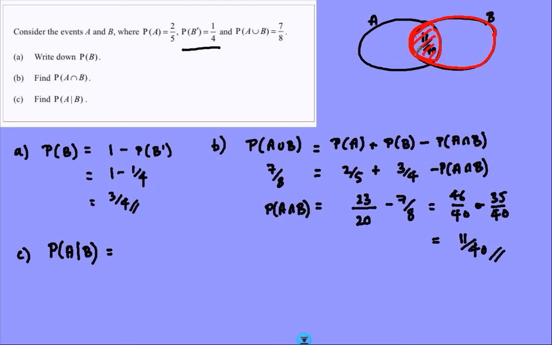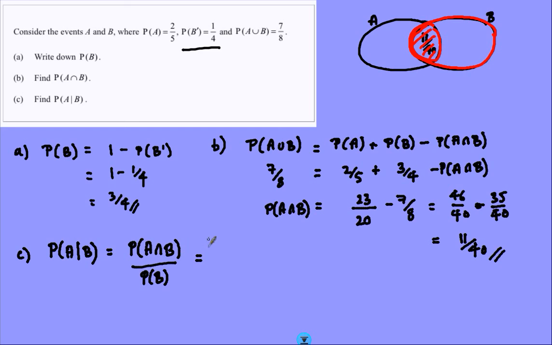So the A's, given that B has happened, is this overlap, which we've just figured out, over the probability of B, which we know. That's our conditional probability statement.